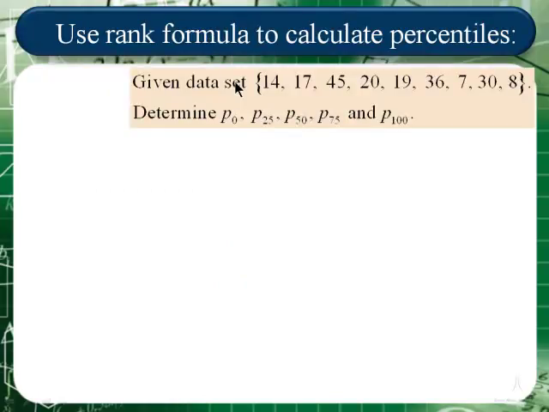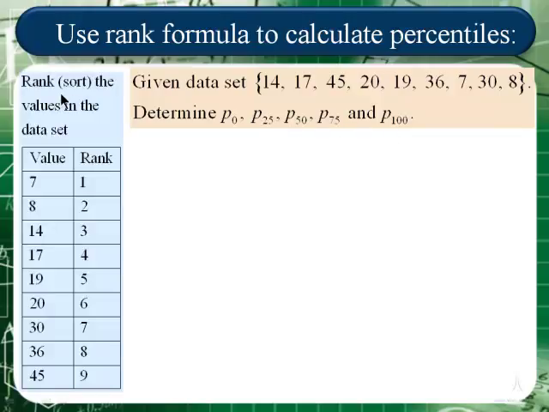So you are given this data set consisting of 9 observations, and we need to determine percentiles 0, 25, 50, 75 and 100. So firstly we sort the data values and then allocate a rank from 1 to 9 to each of them.